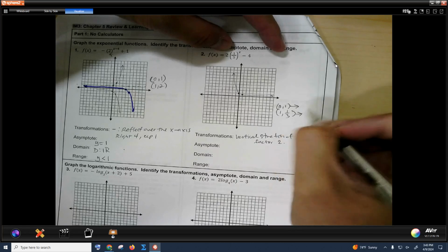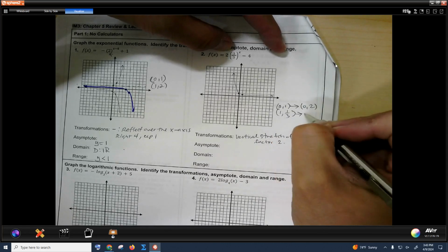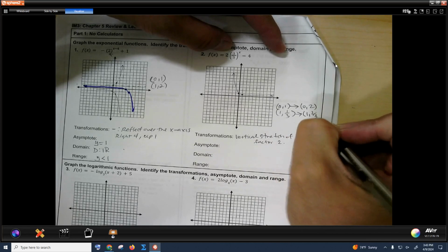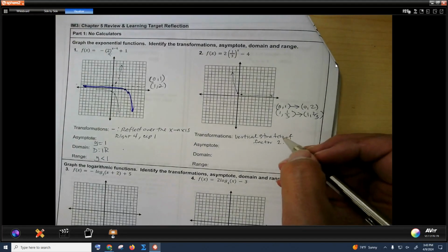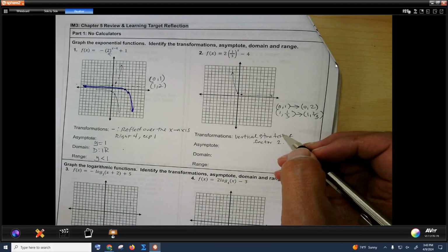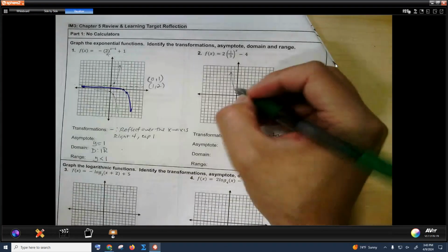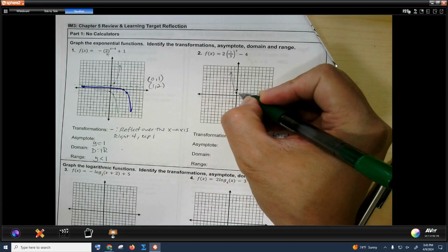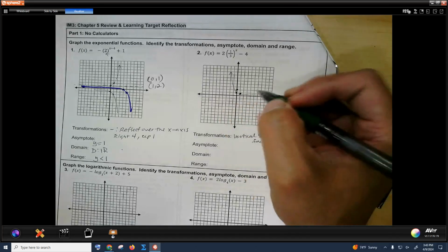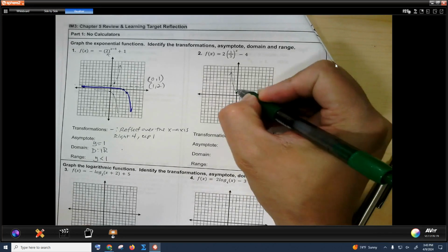Let's do that transformation. You're going to multiply the y coordinates by 2. So (0, 2) and (1, 2/3). 2/3 is like 0.66, so it's just a little bit higher. So make it a little bit higher, and then it still curves the same way.